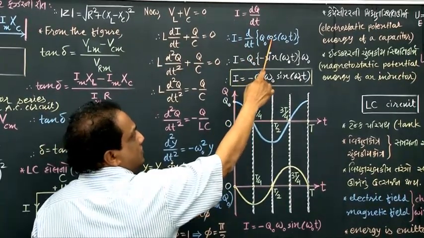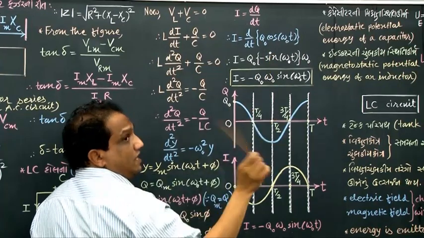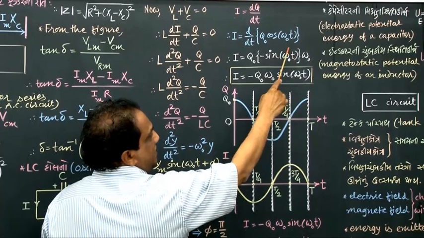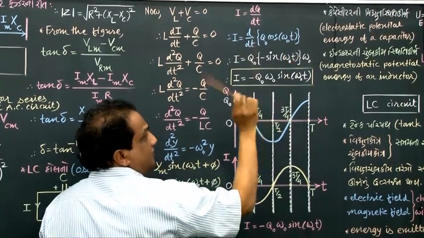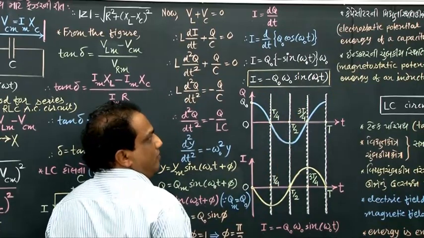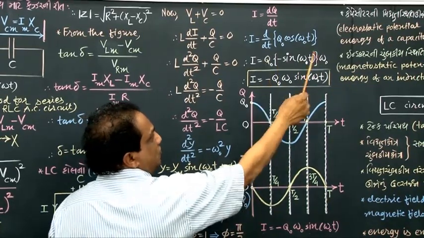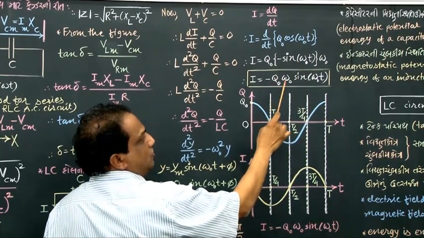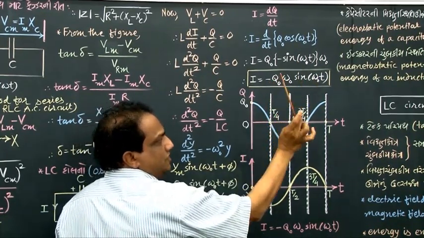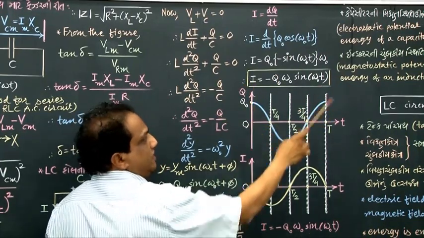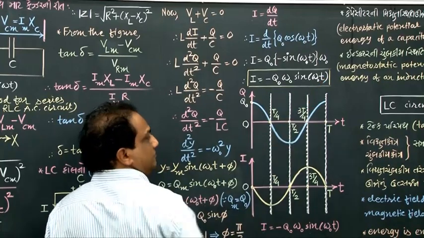The derivative of cos is minus sine of omega 0 t, and the derivative of omega 0 t with respect to t is only omega 0. Now rearrange it properly: minus Q0 omega 0 sine of omega 0 t. This gives you the formula of current passing through the inductor at the end of t time.